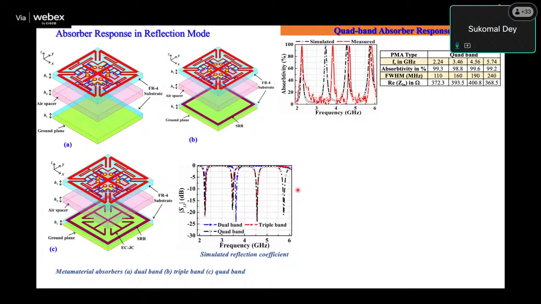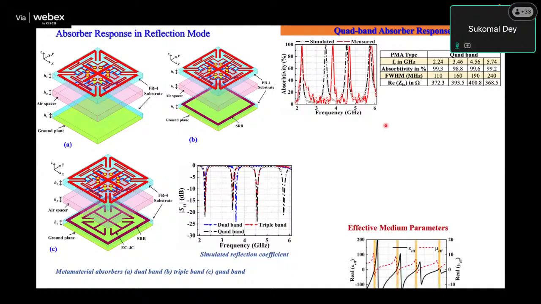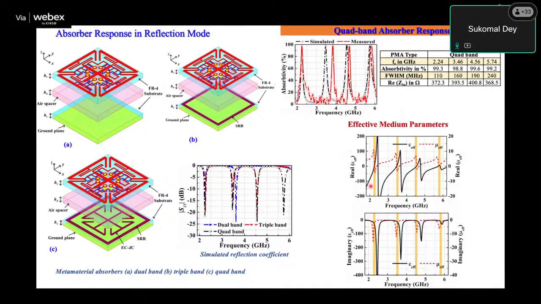Then this absorber obviously has to be checked for absorbability. You can see you are getting both the triple band and the quad band. For the quad band you are getting much more absorption, with the peak close to 4, almost 100% absorption.